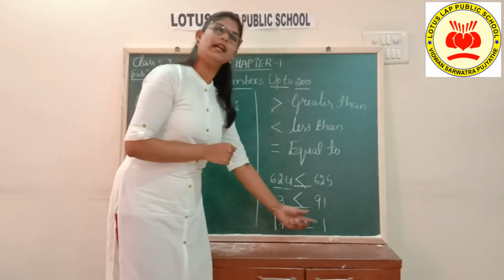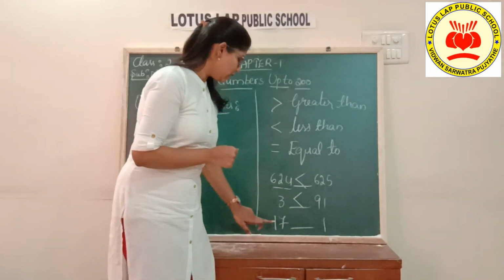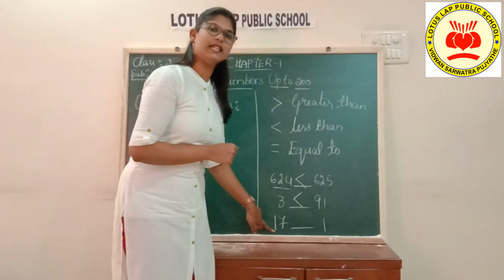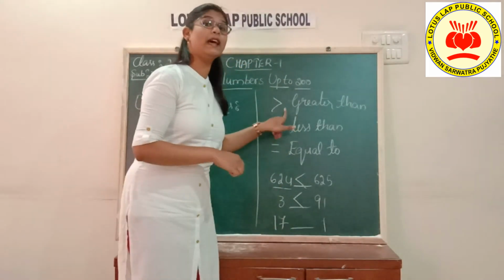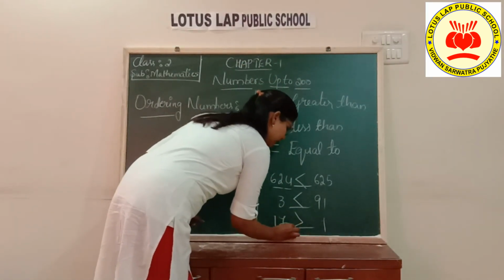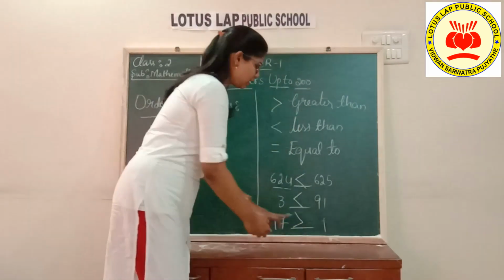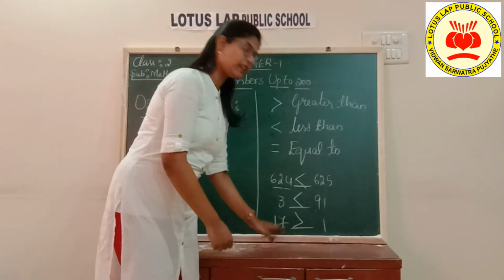Which symbol do we have to use? The number on the left side is the bigger number, so we have to use greater than symbol. Open end towards bigger number and close end towards smaller number gives greater than symbol.